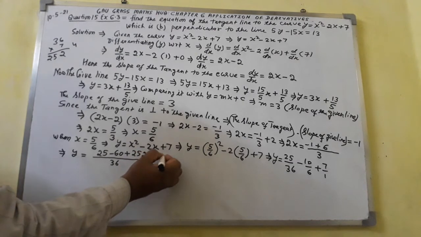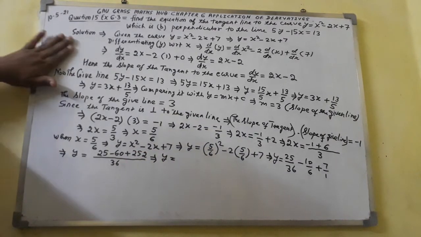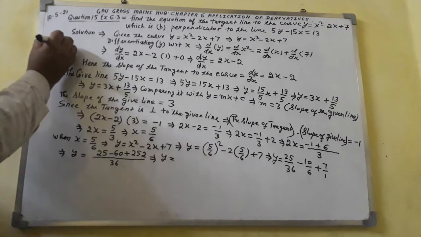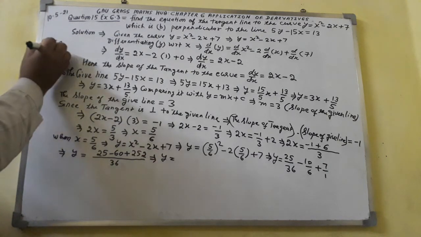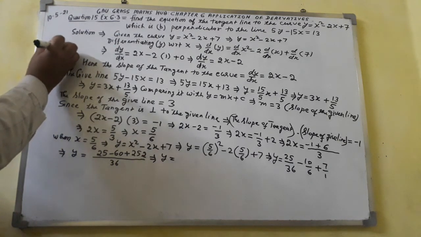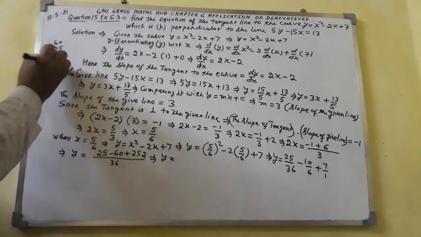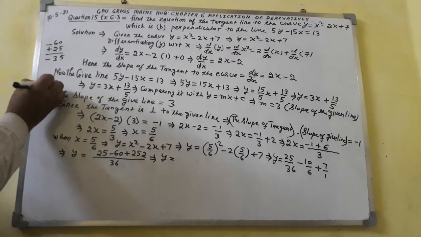You will get here y equal to, now calculate this one. 25 minus 60 plus 252. Do this operation. So we will get here minus 35 plus 252.